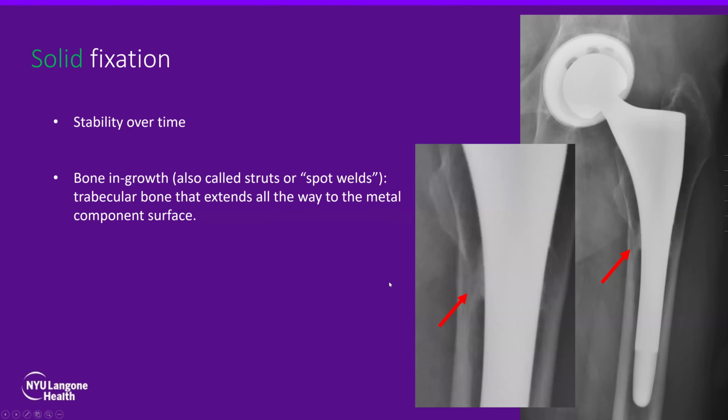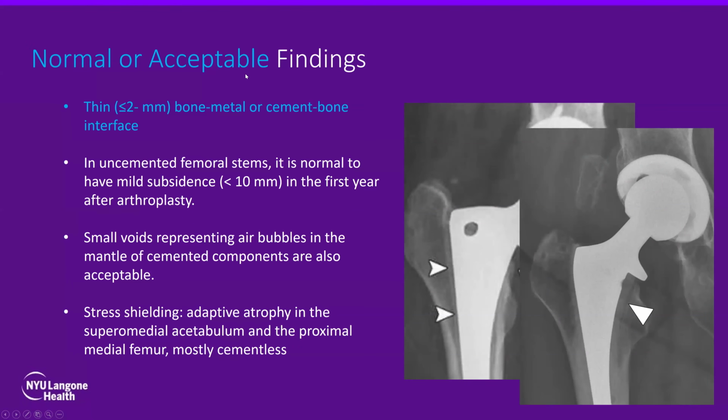And this is the mag view. Normal or acceptable findings. We said anything that is less than 2 millimeter is normal. Why is that? Because our body can form a fibrous reaction around the implant that is almost always less than 2 millimeters. So 2 millimeter at the cement bone interface or bone implant interface is good.